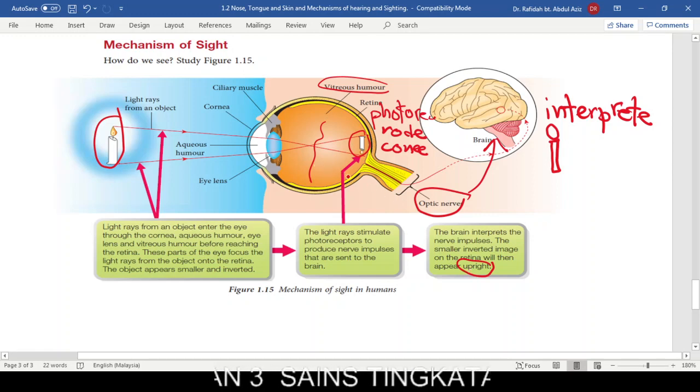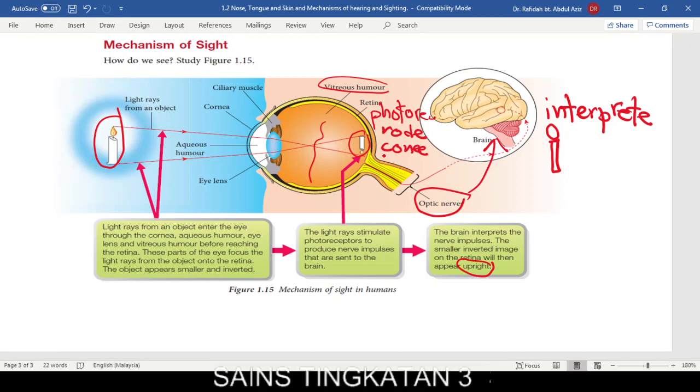I hope that you can try to understand and remember the function of every structure that makes up the eye and also the ears. We will continue our lesson in the next class, and I hope that you can do your notes in your notebook and try to answer the questions given in the activity books.